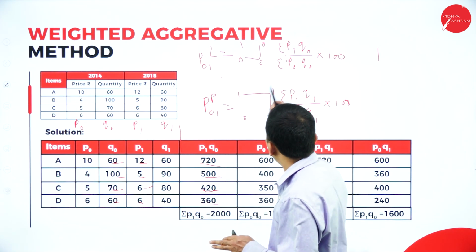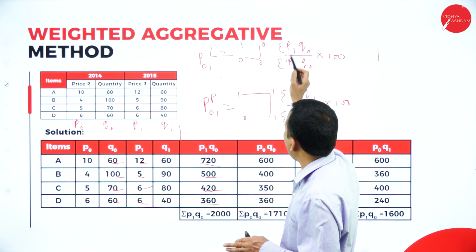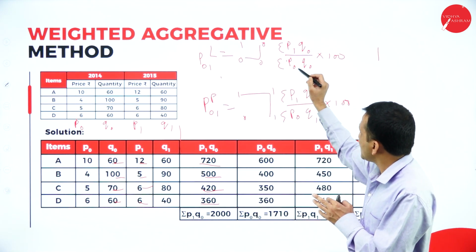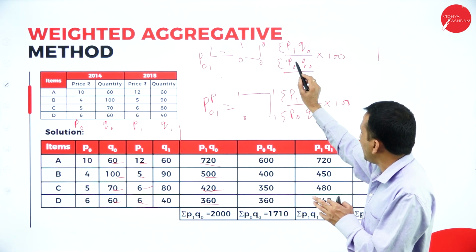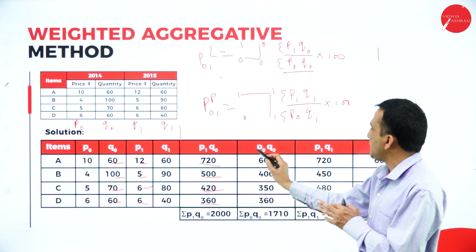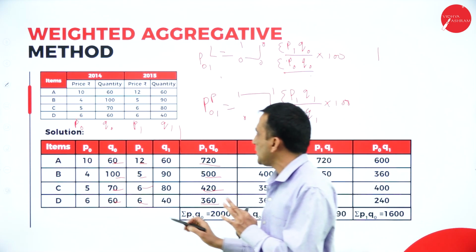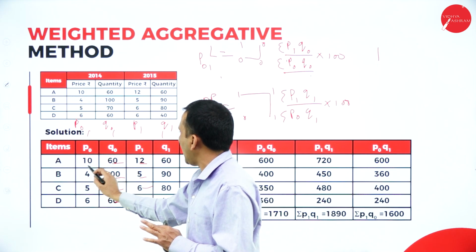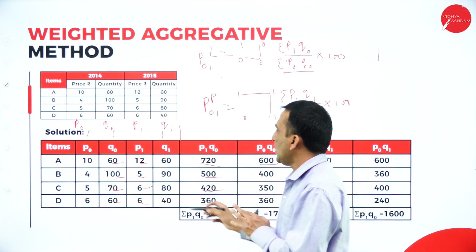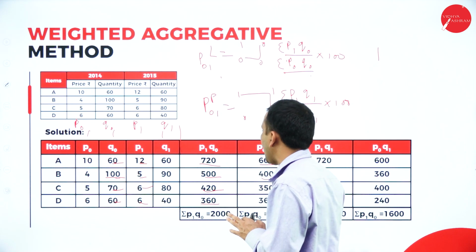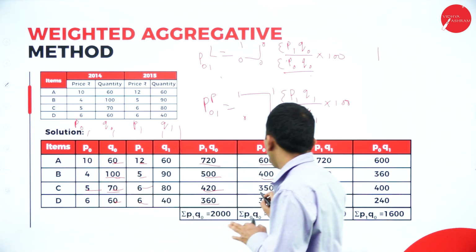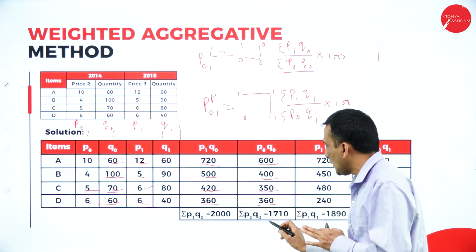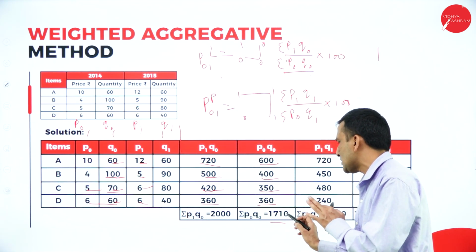Take the total required for the numerator: we got a total of 2000. Second, the Laspeyres denominator is P0 and Q0, so just multiply P0 value and Q0 value. 10 into 60, 600; 4 into 100, 400; 5 into 70, 350; 6 into 60, 360. Take the total: we got 1710.